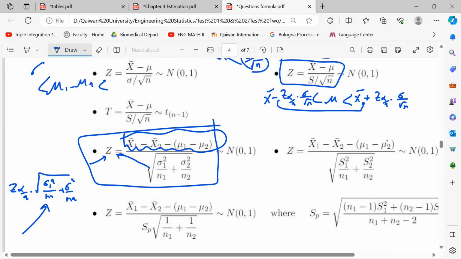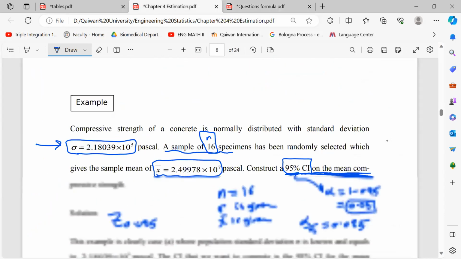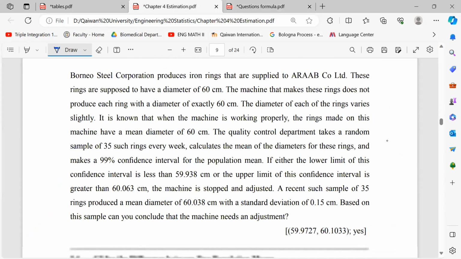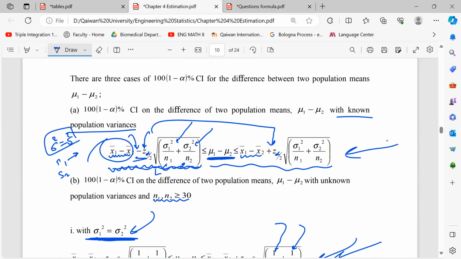In the left hand side we have x1 bar minus x2 bar minus something, and then in the right we have x1 bar minus x2 bar plus something. What's this thing? It's this one. Just put it there. You'll get the rule. Let's return to the rule here and you will see that. That's it.